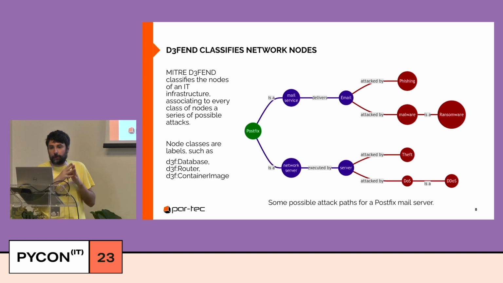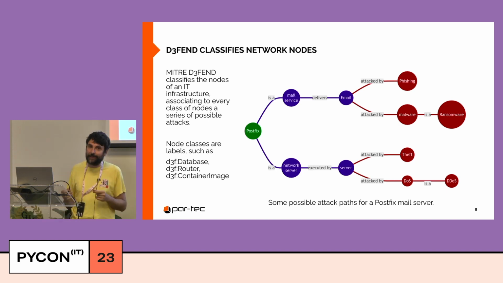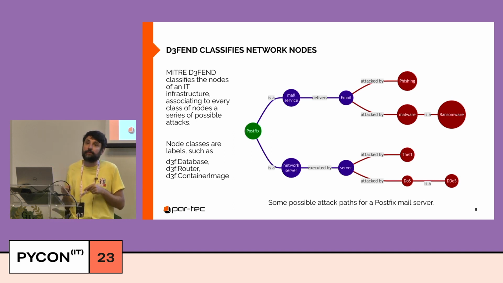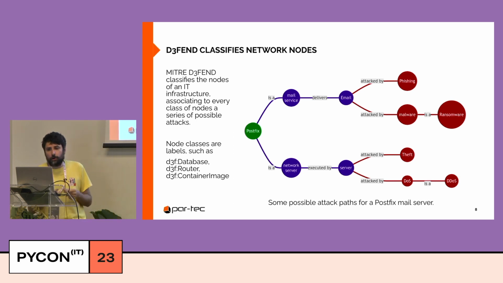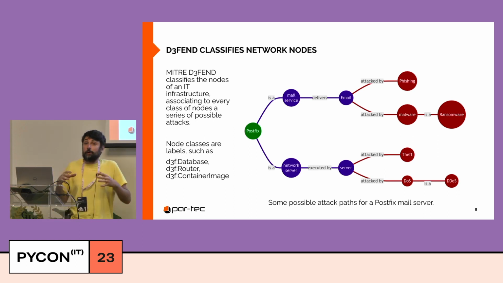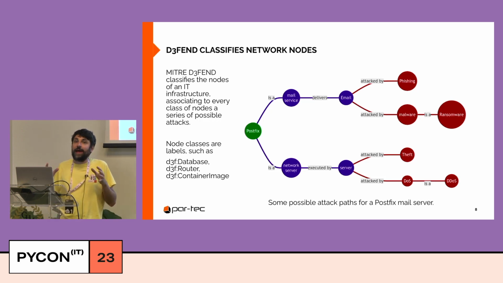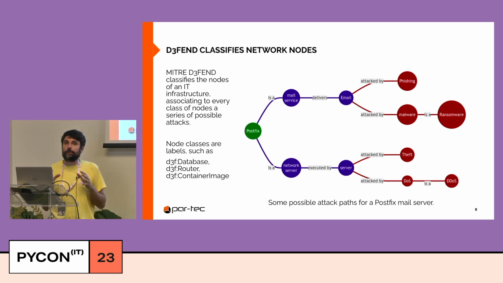And on the other side, our postfix server is a network server. It can be executed by a server that can be attacked by theft. Somebody can come in my data center, can steal the server, or can steal server components. Or a network server can be attacked by a denial of service, and so on. We are going to understand that this knowledge graph has a lot of information and can be used in thousands of different ways.